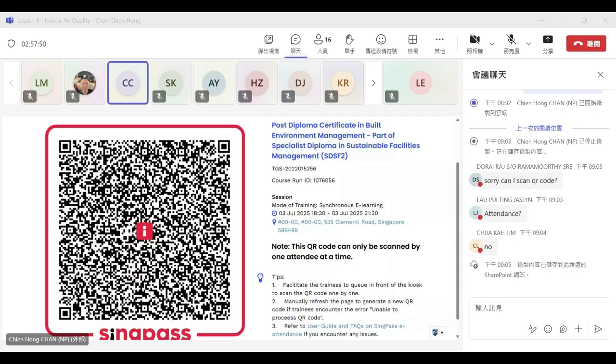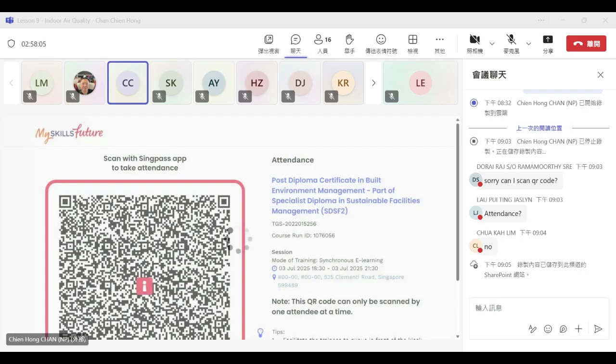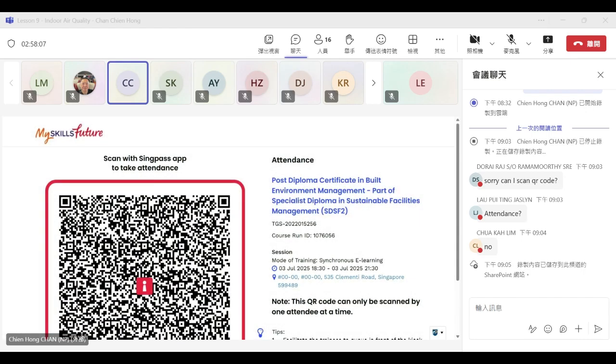Are you able to see the QR code? As I mentioned, this one is for the class formed by Durai, Bing Zhong, Fei Ying, Jaslyn, Xin Xin.